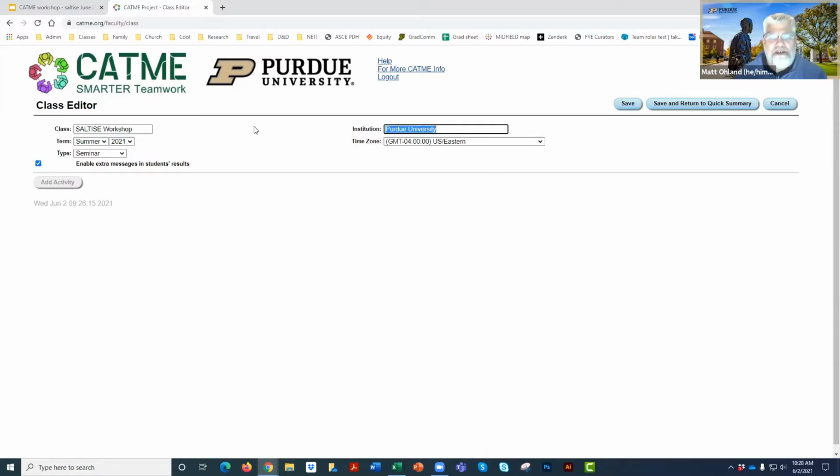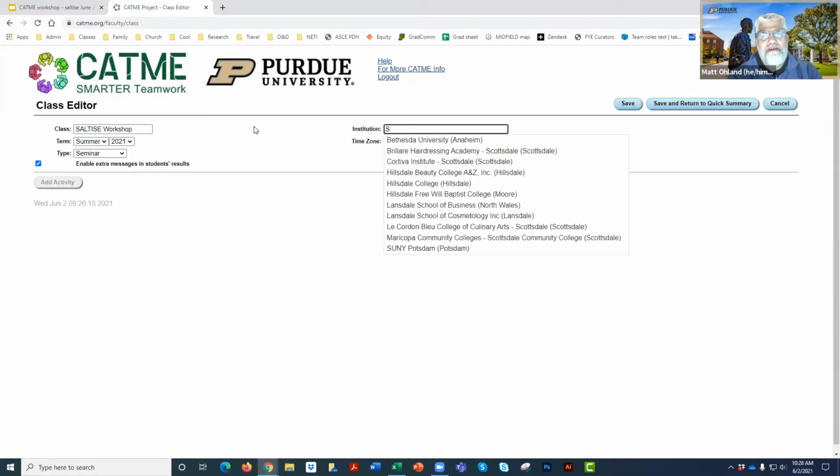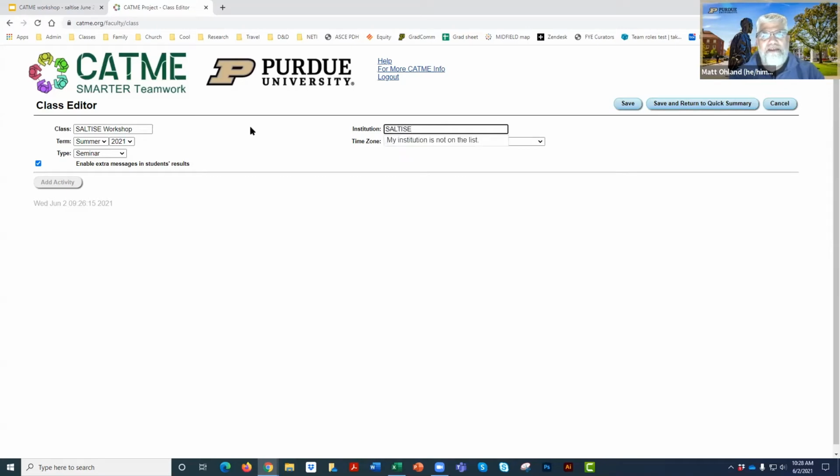The institution is going to be SALTISE. And it's going to say, I don't know that institution, and we're going to say that's fine for now. And the time zone setting is important when considering when the survey will open and close, as well as for how student schedules are interpreted.